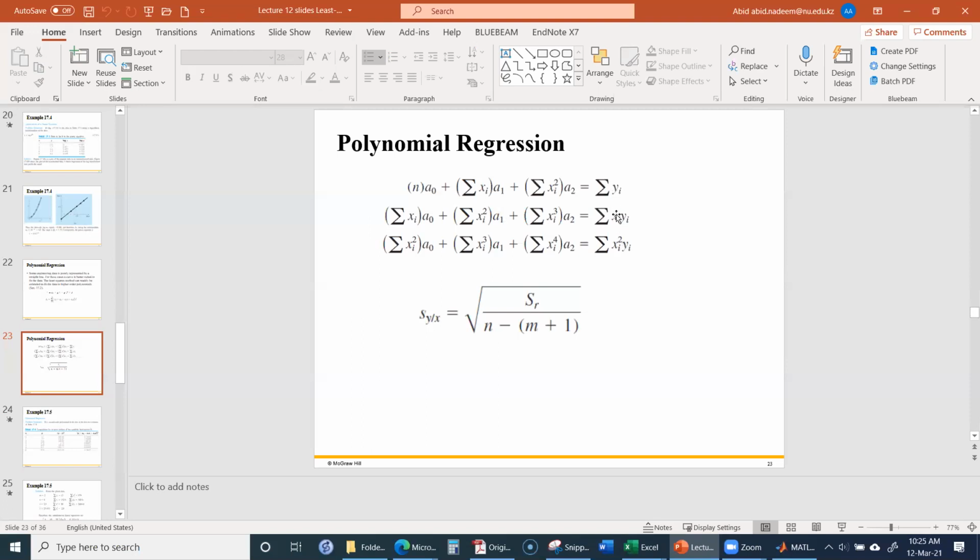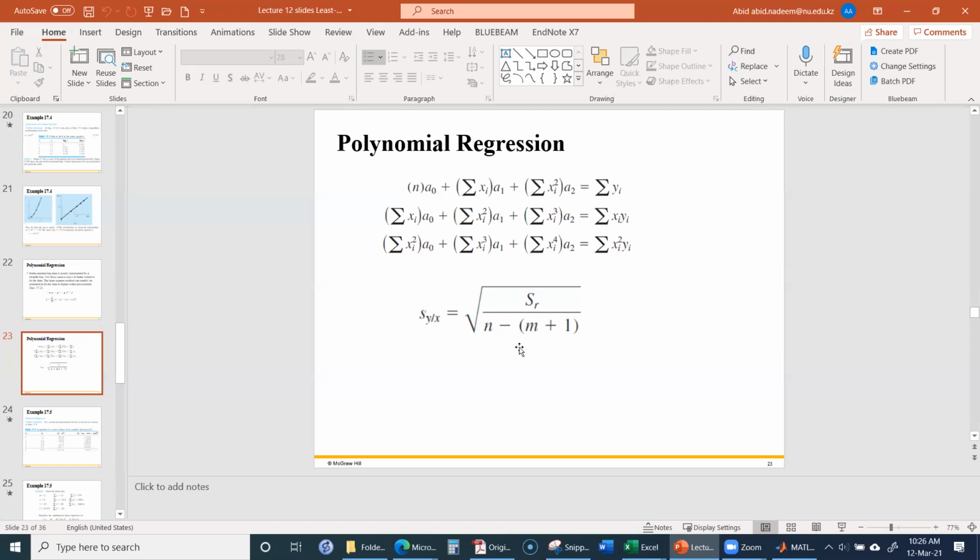So each time y is being multiplied by a power of x and then summed. Very easy to remember this formula. Once we set up this system of three equations, we can solve them and find the values.